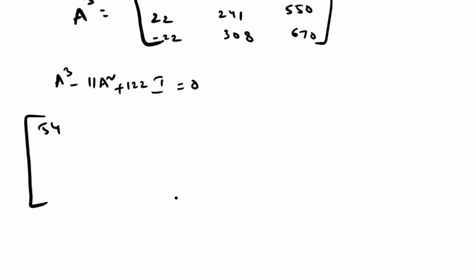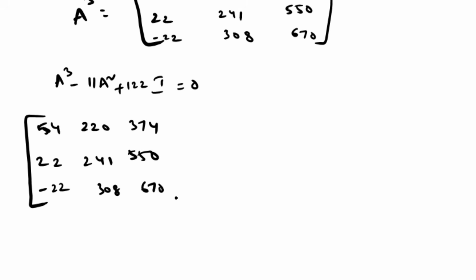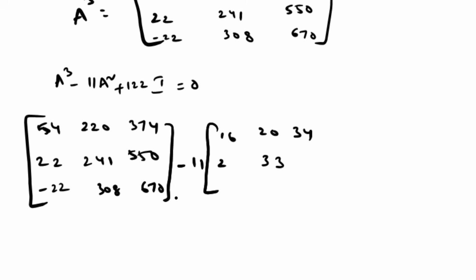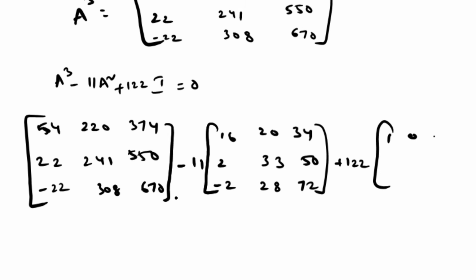A cube is 54, 220, 374, 22, 241, 550, minus 22, 308, 670, minus 11 into A square, which is 16, 20, 34, 2, 33, 50, minus 2, 28, 72, plus 122 into the identity matrix 1 0 0 0 1 0 0 0 1.